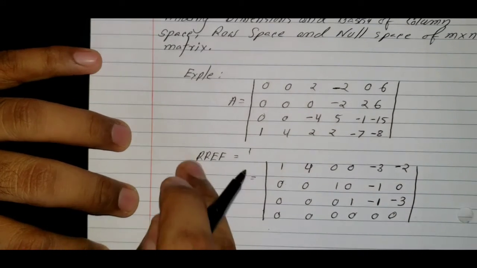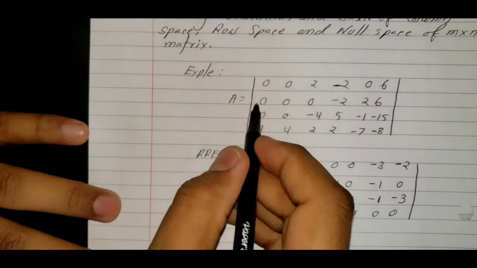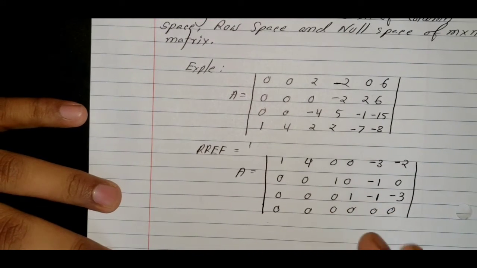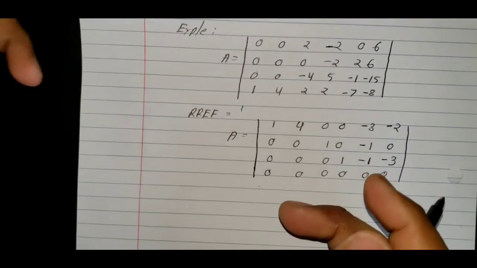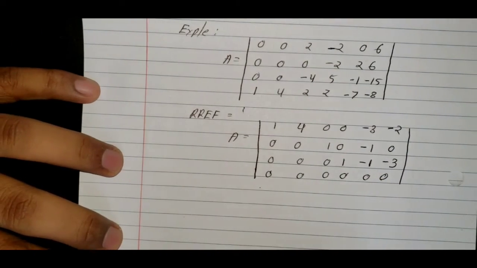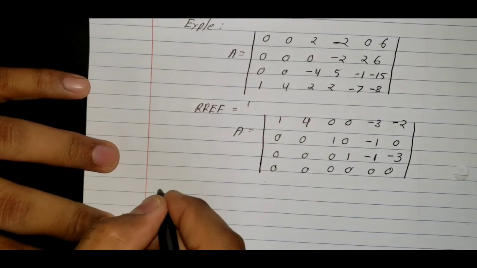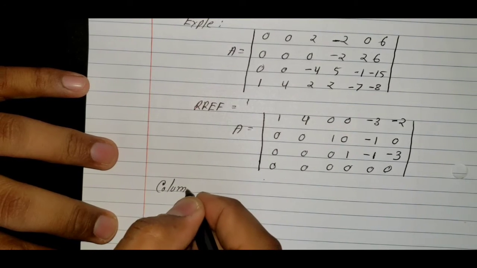So if you do the reduced row echelon form of this matrix A, you will see it gives you this. Now, this is what you need to find the dimension and basis of the column space, the null space, and the row space. So let's first find the column space and the basis of the column space.